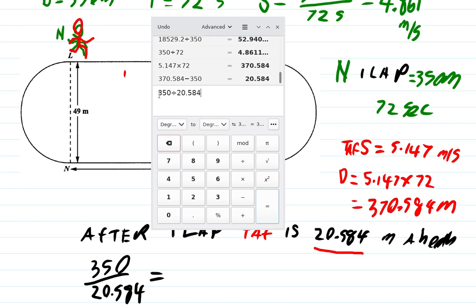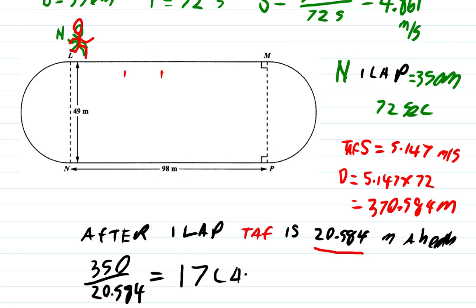In other words, how many distance ahead for every lap is Tafari in front of Nathan? You say equal, 17. So there are 17 laps. It's really 17 laps that you have there.